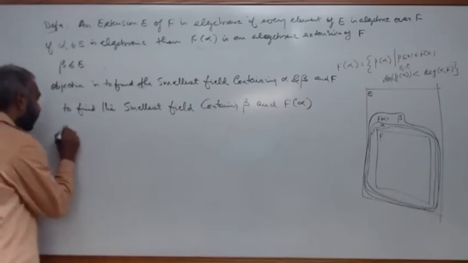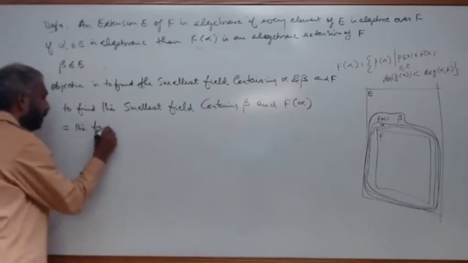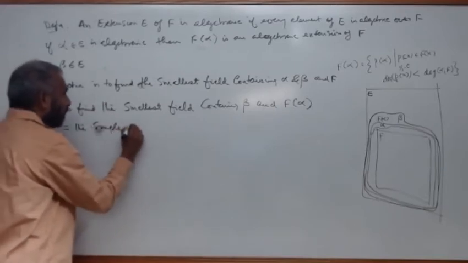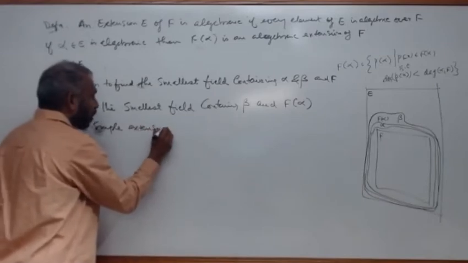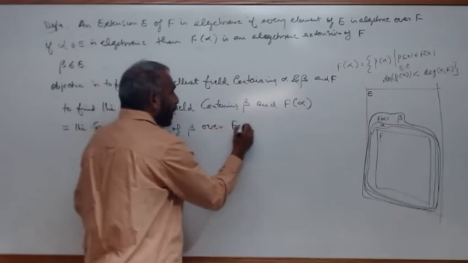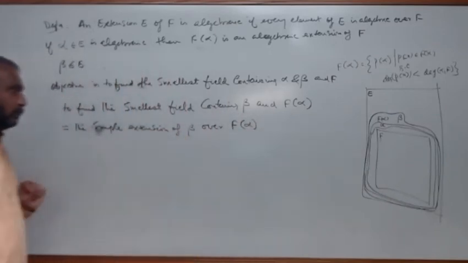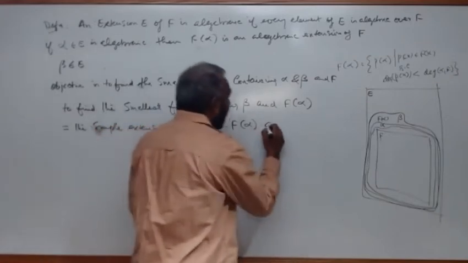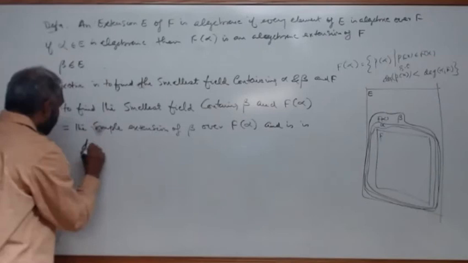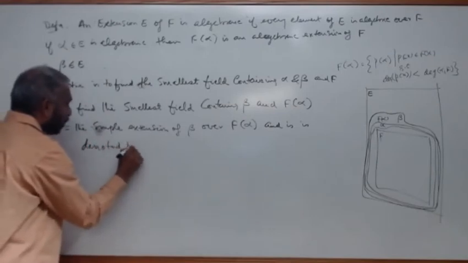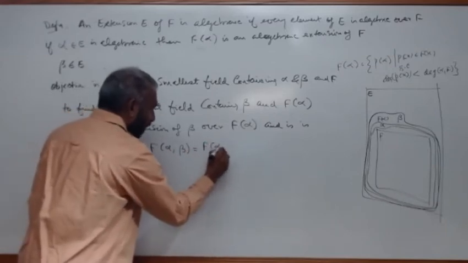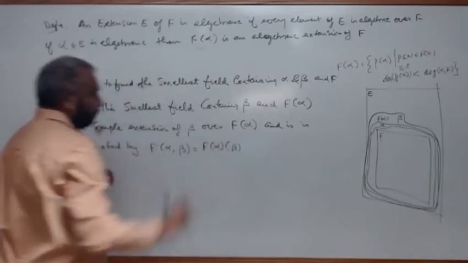And that is actually equal to the simple extension of beta over F(alpha), and is denoted by F(alpha, beta).